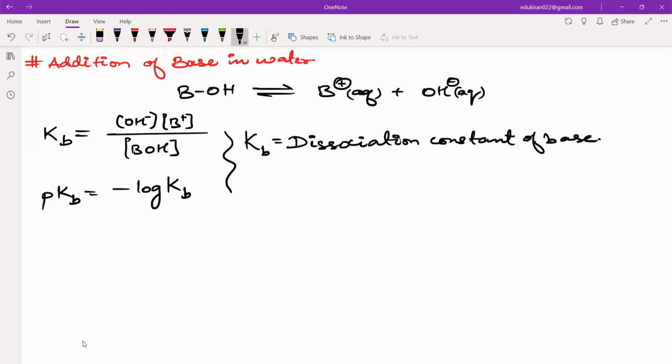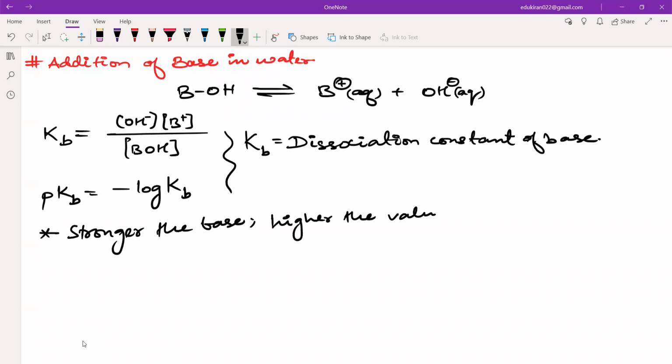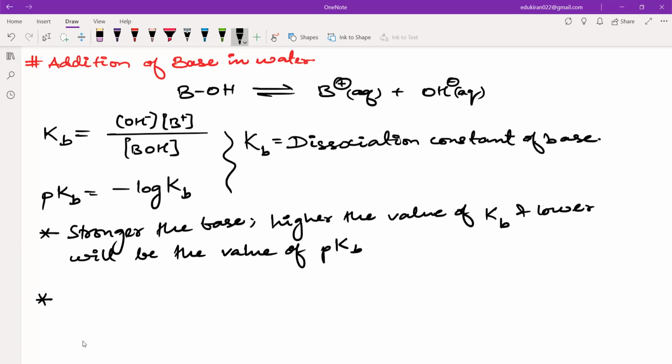Stronger the base, higher the value of Kb, and lower will be the value of pKb. Greater value of pKb means weak base.